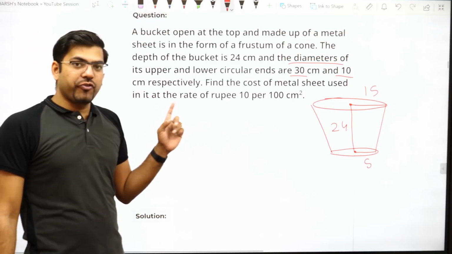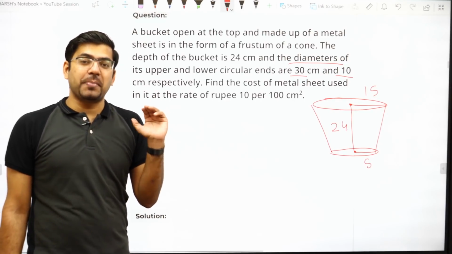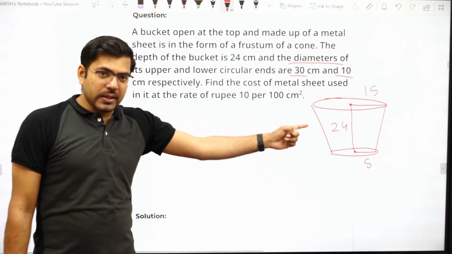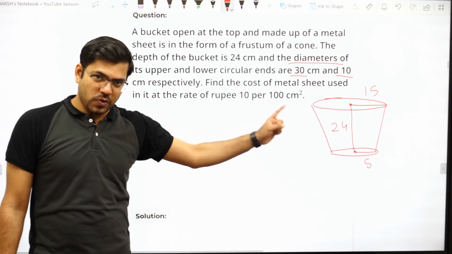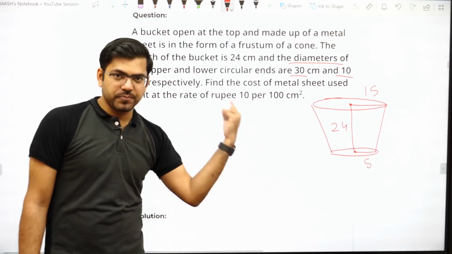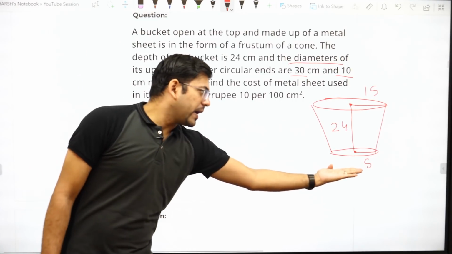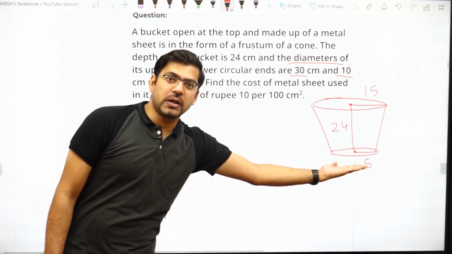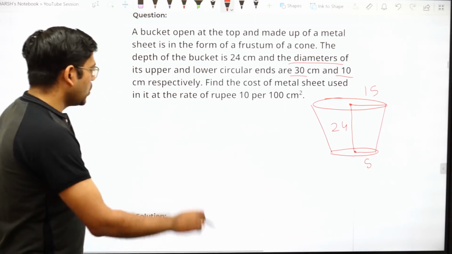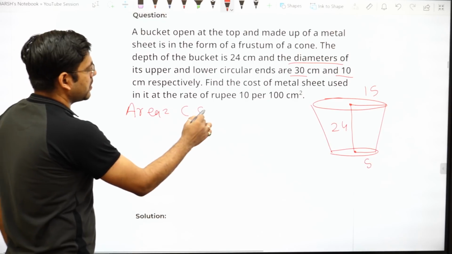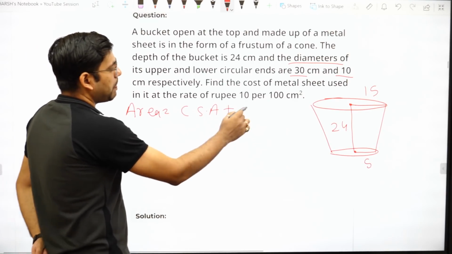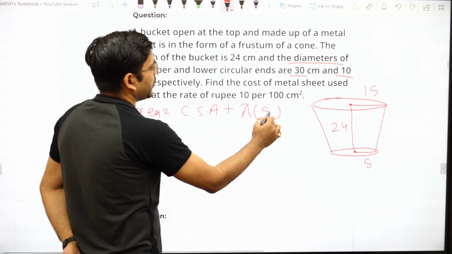Now we have to find the area of metal sheet which is required. In the previous session I had said that this will be the curved surface area of this frustum plus the area of the bottom circular part. So I am writing the area: curved surface area plus pi r square, that is pi into 5 square.